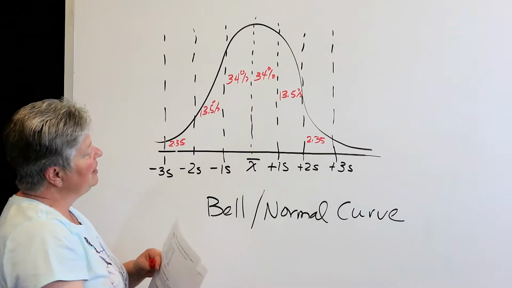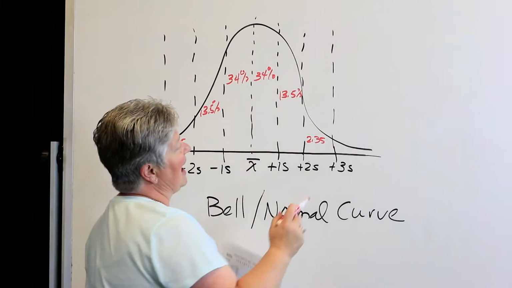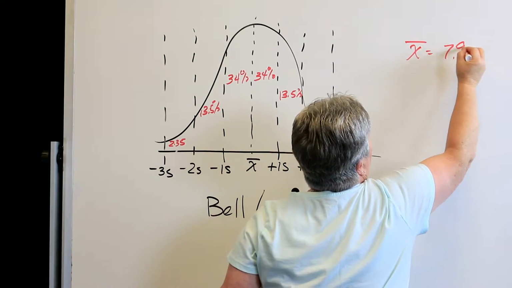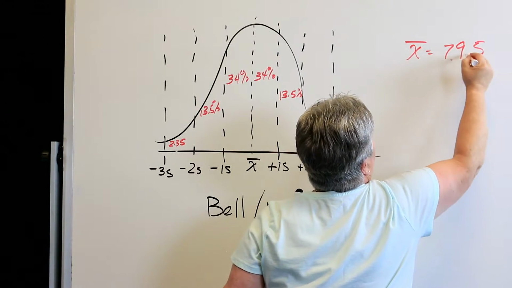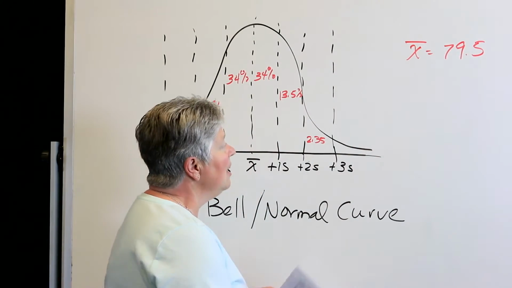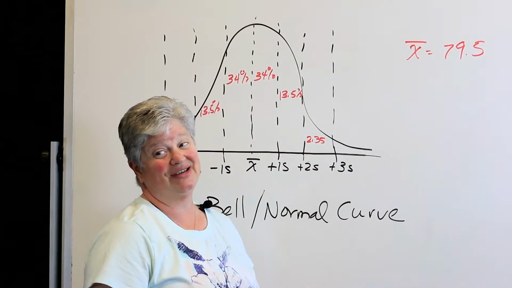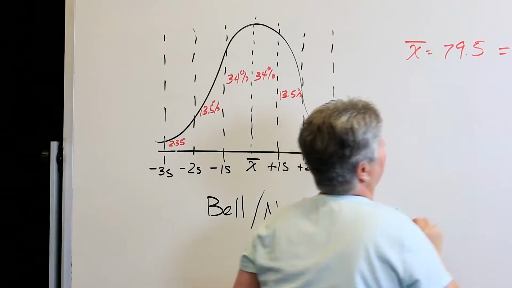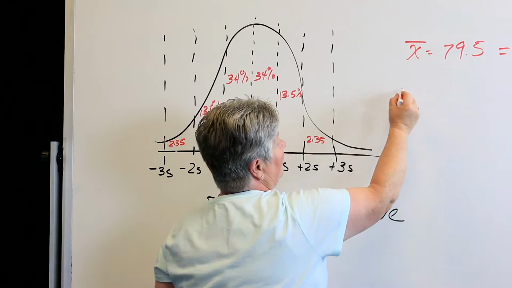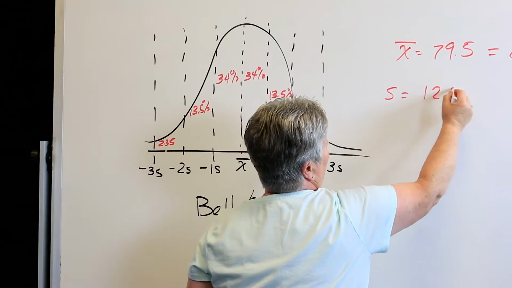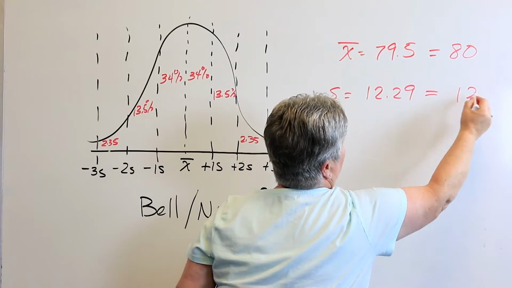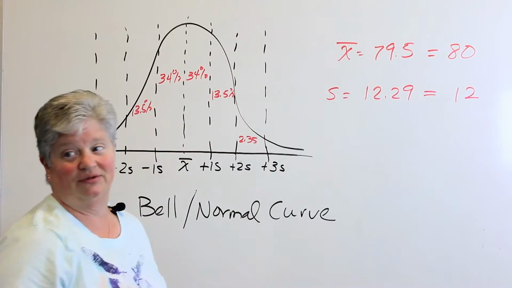So the example that we looked at, we said our mean was 79.5. Just for simplicity, I'm going to call that 80. We also said our standard deviation was 12.29, and I'm going to round that down to 12.